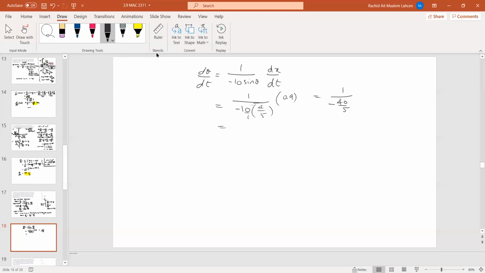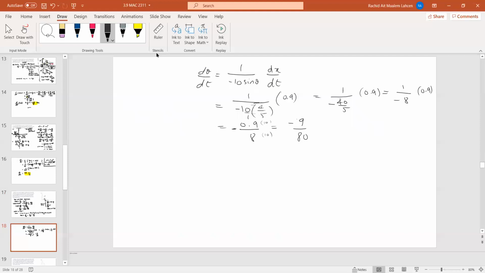If you put over 1, you multiply these. Then 1 over negative 8, 0.9. So it's 0.9 divided by 8, which if you want to remove the decimal, you'll multiply by 10, and you get negative 9 over 80, right?